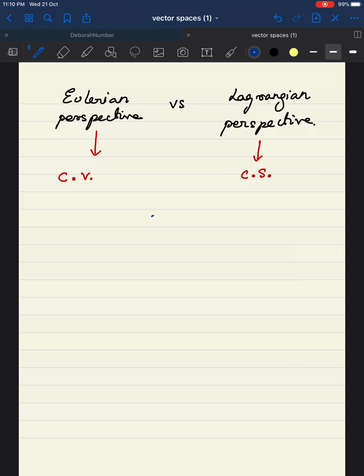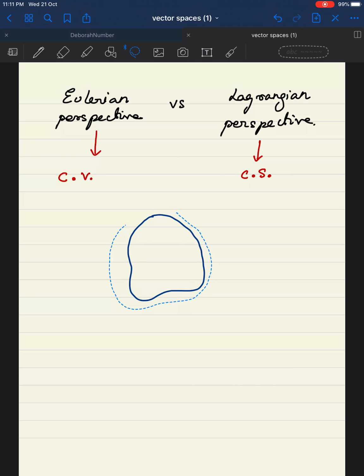I'm just going to draw an arbitrary control volume at time t. And what I'm going to do is I have to draw this again, so I'm just going to copy this right now rather than later.